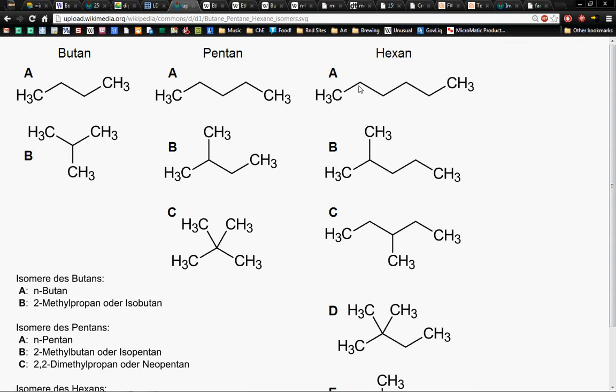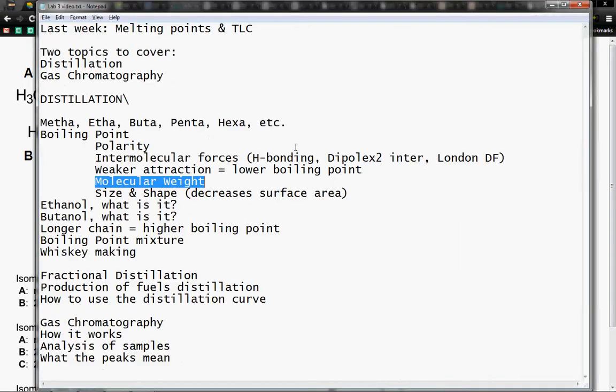It's got about 12 to 14 carbons, so it's going to be a lot more difficult to evaporate, and the very long chains like motor oils, and obviously those are still not pure, are going to be even more difficult to evaporate. So gasoline will evaporate at room temperature, but it is a liquid at room temperature, whereas your motor oils will not evaporate even at very hot temperatures, which can be found in your car engines.